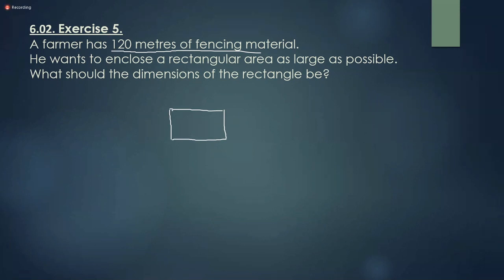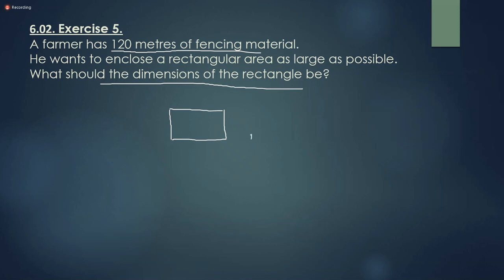So he wants to build a fence around a rectangular area, but he wants this area to be as large as possible, so that his sheep or goats have space. Now, what should the dimensions of the rectangle be to have the largest possible area?